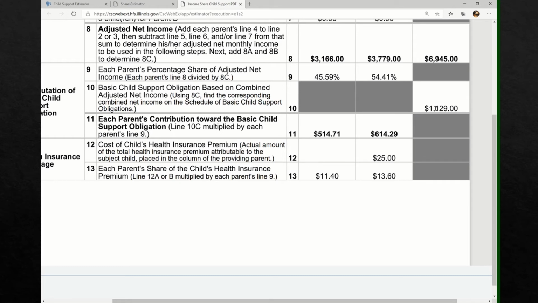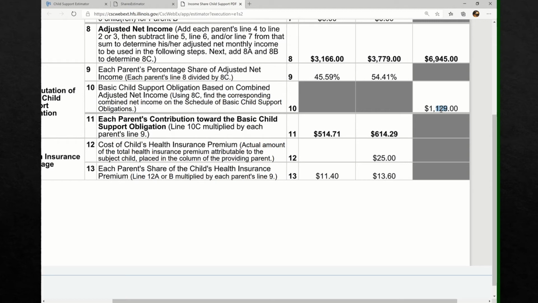Now, basic child support 1129, as we were talking about, based on this number, the court calculates that 1129 is the estimate that you're expected to spend on the child to raise this child together, right?